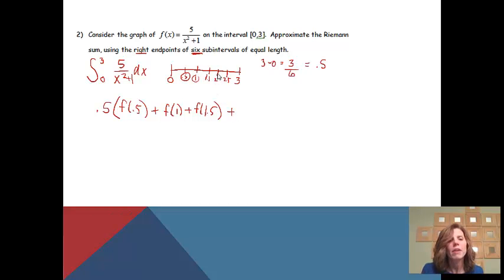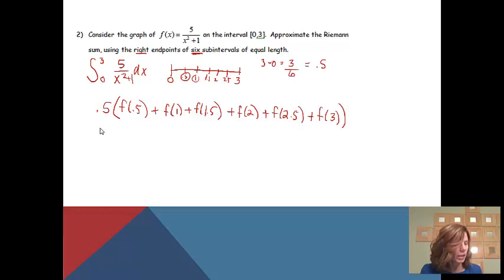And then from 1.5 to 2, the right endpoint would be 2, so we'll find f of 2. And then plus, we are going to go from 2 to 2.5, and the right endpoint would be 2.5, so we'll calculate f of 2.5. And then plus, if I'm going from 2.5 to 3, the right endpoint would be 3, so I'm going to find the y value at 3. So that would be my setup.